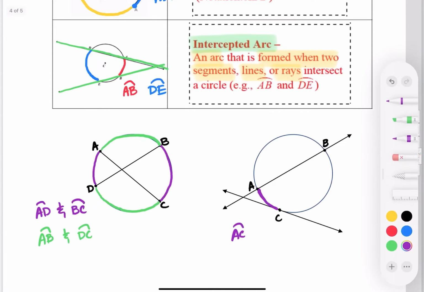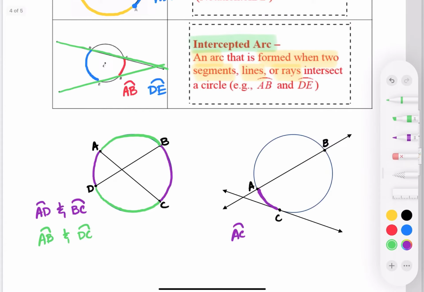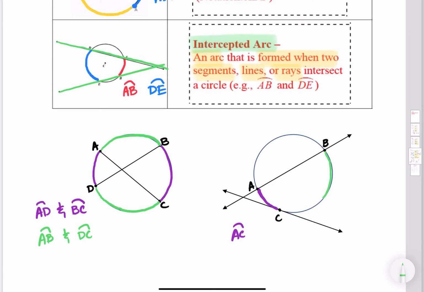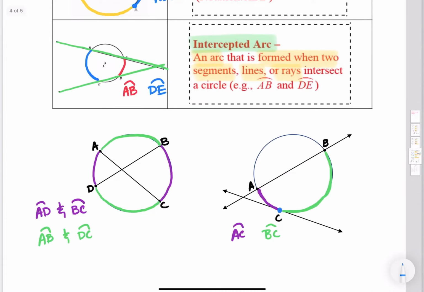And the second arc is being formed right over here, BC. If we have a tangent and a secant, we can see that they share that one point of tangency right here at point C.